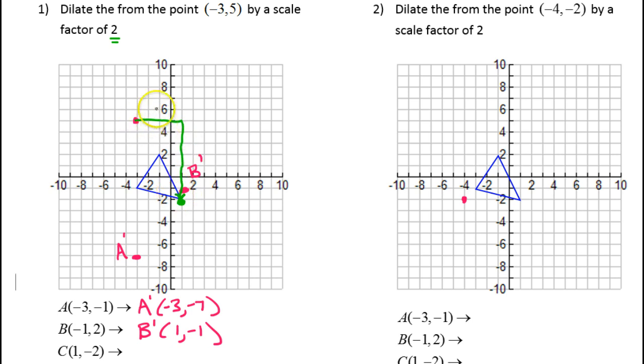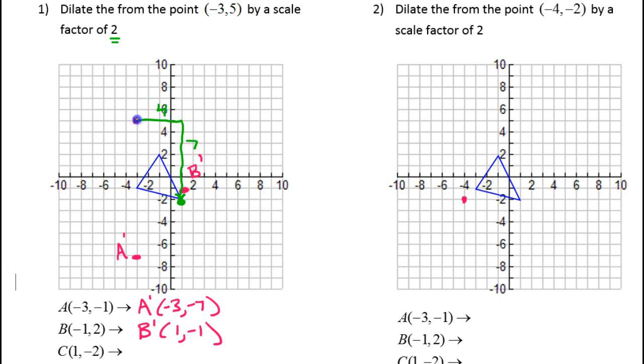So I went over 4, and I went down, let's see, that's 3, 4, 5, 6, 7. Just double check. Yeah, so I went right 4 and down 7. So since the scale factor is 2, to get to point C prime, I'm going to have to go right 8 and down 14.